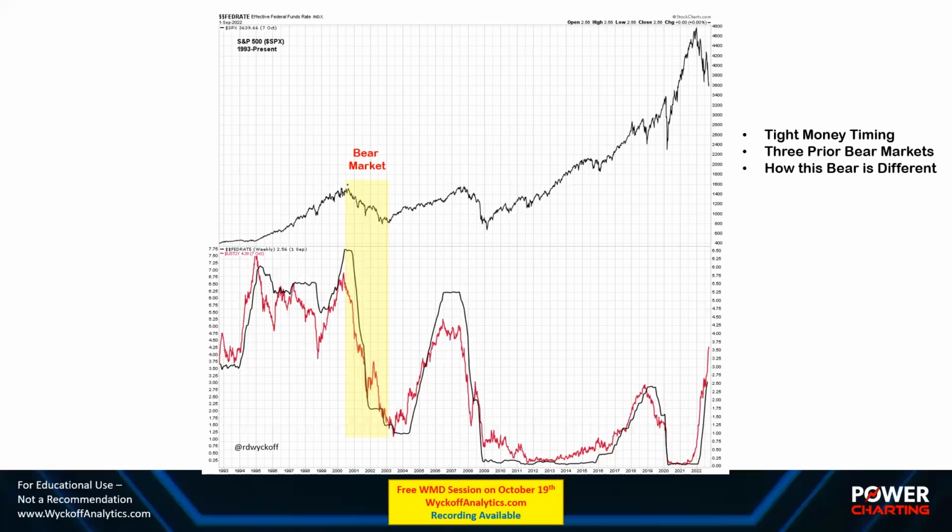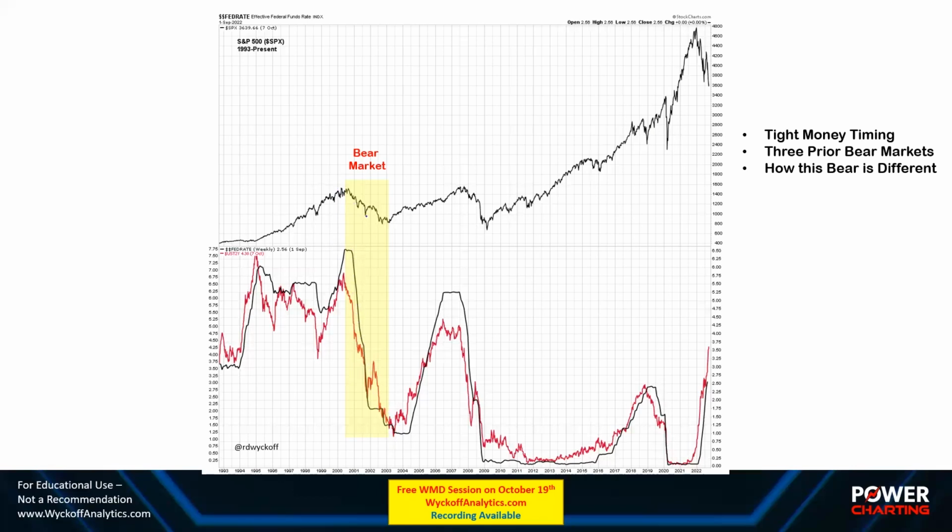Note that as the bear market starts, and it was a significant bear market, even worse in the NASDAQ stocks, the Fed immediately stopped raising rates, went into an interest rate posture of not raising, and then started to aggressively lower rates all the way into 2003, and then kept them at a very low level for quite a long period of time.